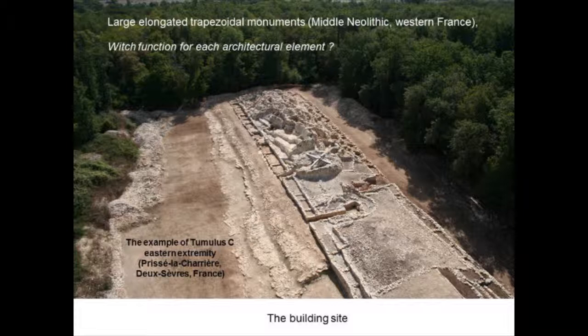We will prolongate this reflection about the whole mound construction. Which function for each architectural element? And the example will be the eastern extremity of this long tumulus. And it will deal with the building site itself.